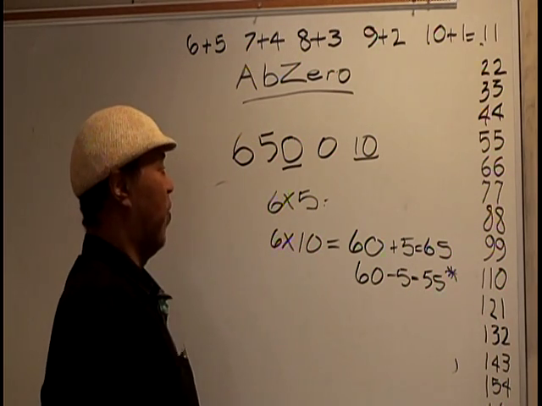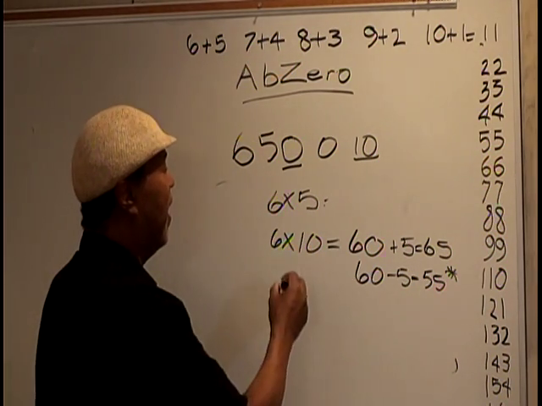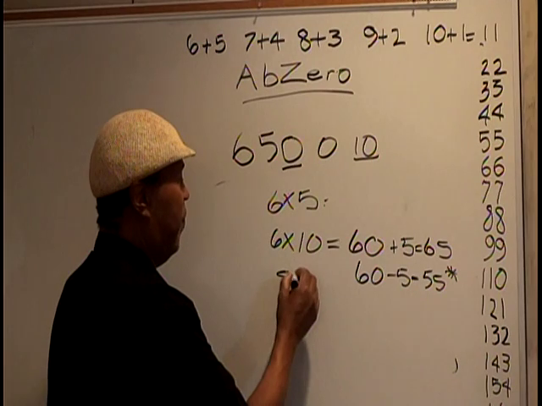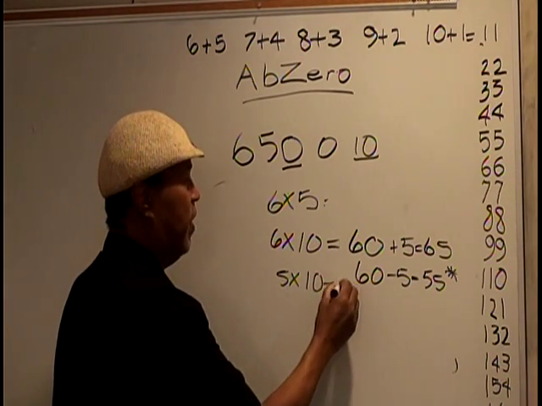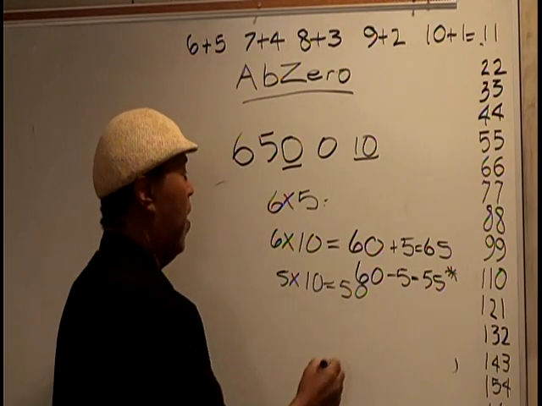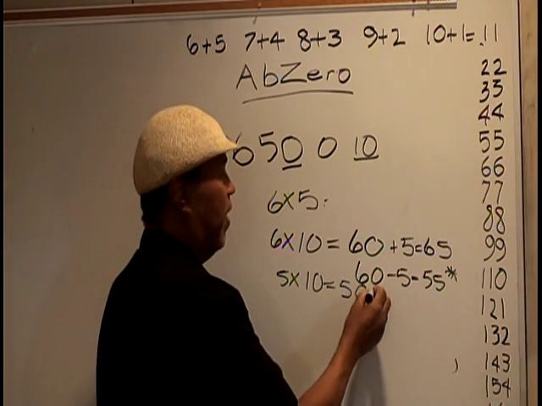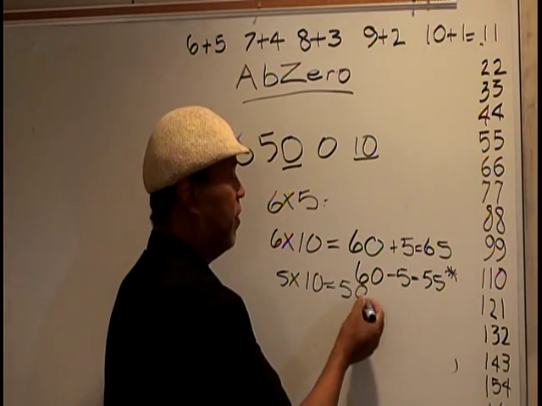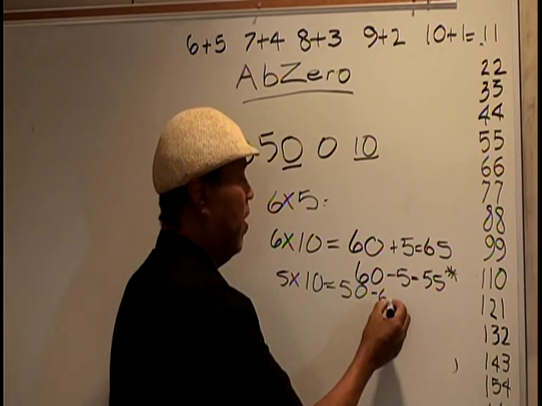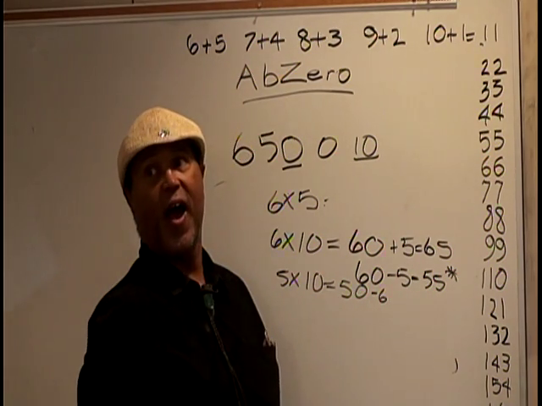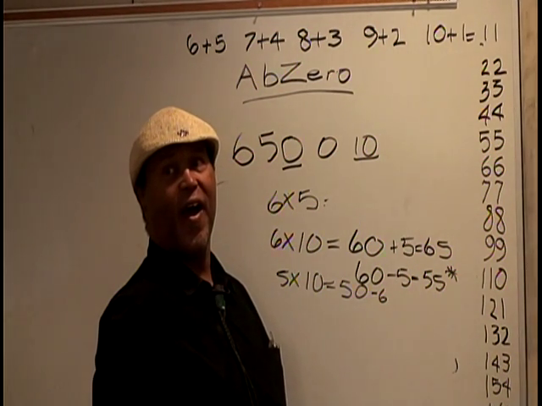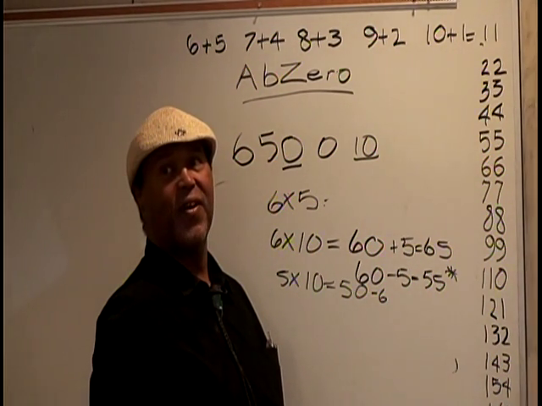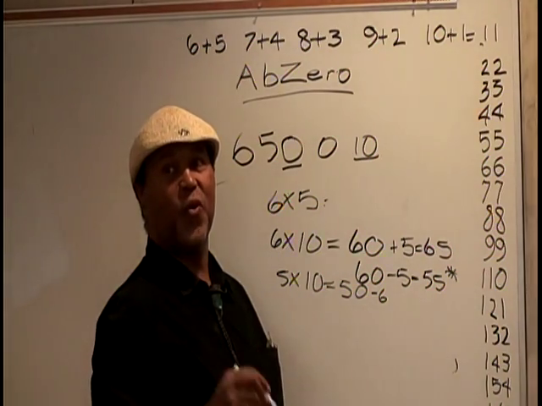And we can go further, and I'll just give you these. 5 times 10 equals 50. If you add the 6, it's 56. If you subtract the 6, it is 50 minus 6, 44.